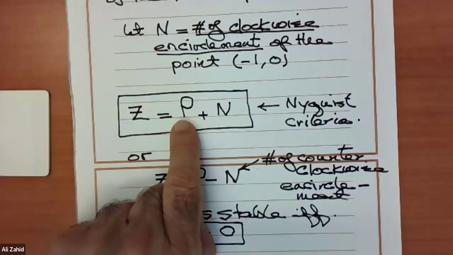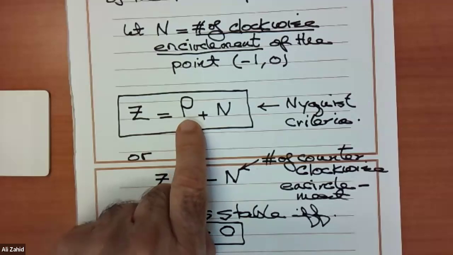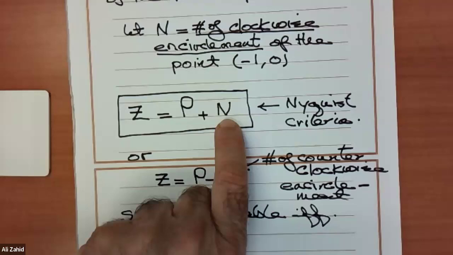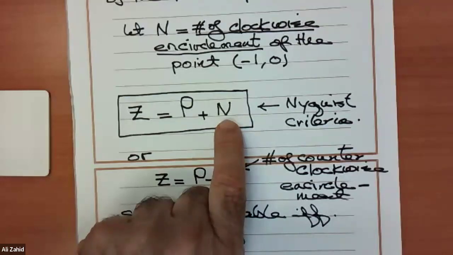One more time before I give you another example. Do we know P? Yes, it's provided to us. Why? Because it's the number of poles of the open loop. I know what P is. Do I know N? Once I plot the Nyquist plot, I know what N is.